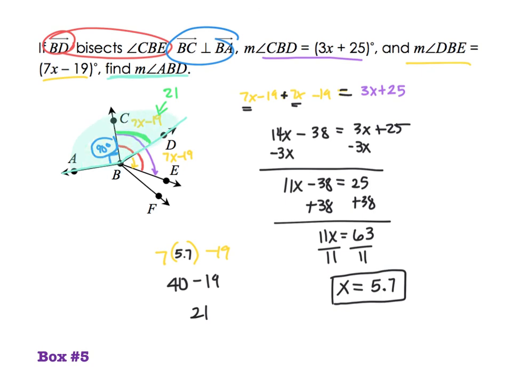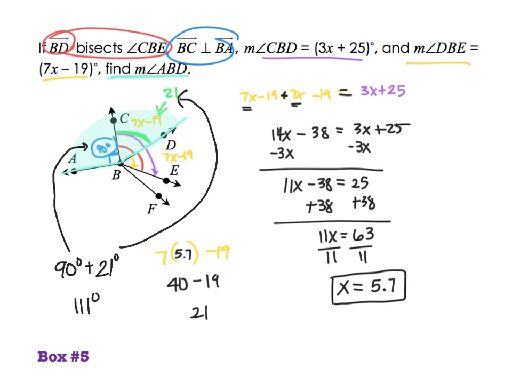And we have two angles put together. And if you guys notice, we have the 90 degrees, which comes from here, plus 21 degrees, which comes from the other angle, and that gives me a total of 111. So measurement of angle ABD equals 111 degrees.